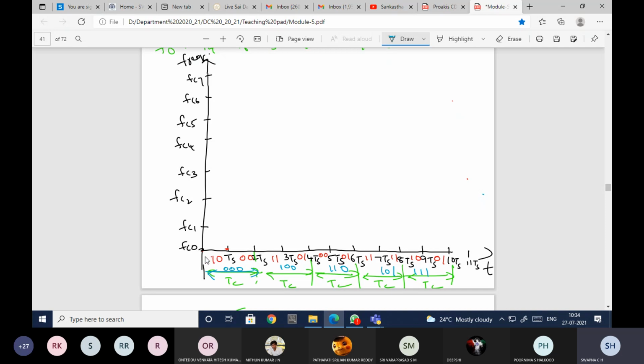1, 0 is F2. This is the F2 frequency. 0, 0 is F0. 1, 1 is F3, sorry, not F4, F3. We will also assign the frequencies here so that when you are plotting it, it will become easy.